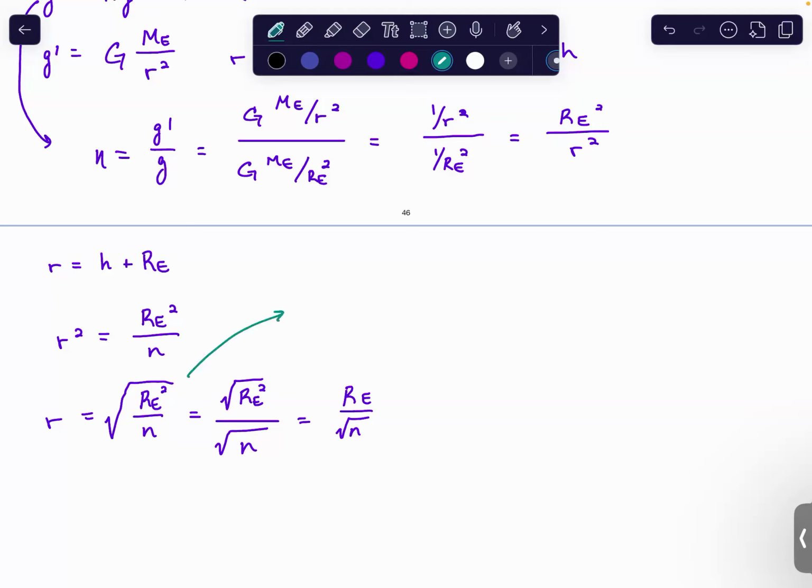Remember, you can always say that the exponent of 1/2 is the same thing as a square root, and an exponent will distribute into the equation. So you end up with the same thing, radius of the Earth over square root of n.